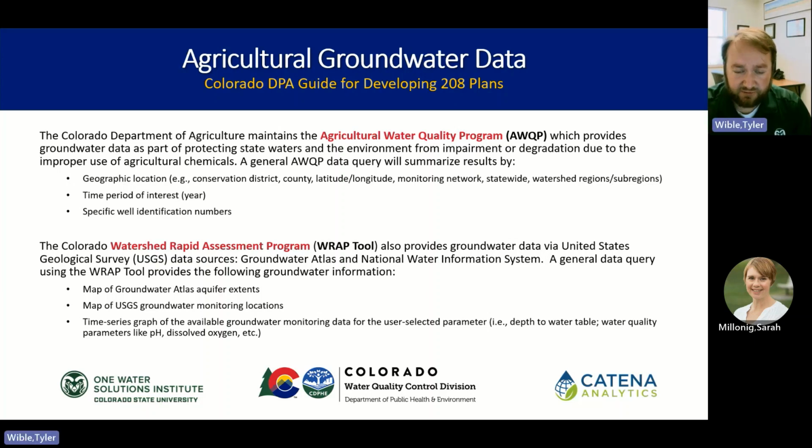Then we have a tool and an interface dedicated to that data set, and then we're going to step into the RAP tool, the Watershed Rapid Assessment Program, which is a basic data summary tool. It includes some supplemental information, mostly from USGS, about groundwater aquifer extents, as well as some of the USGS's monitoring stations for different groundwater data types.